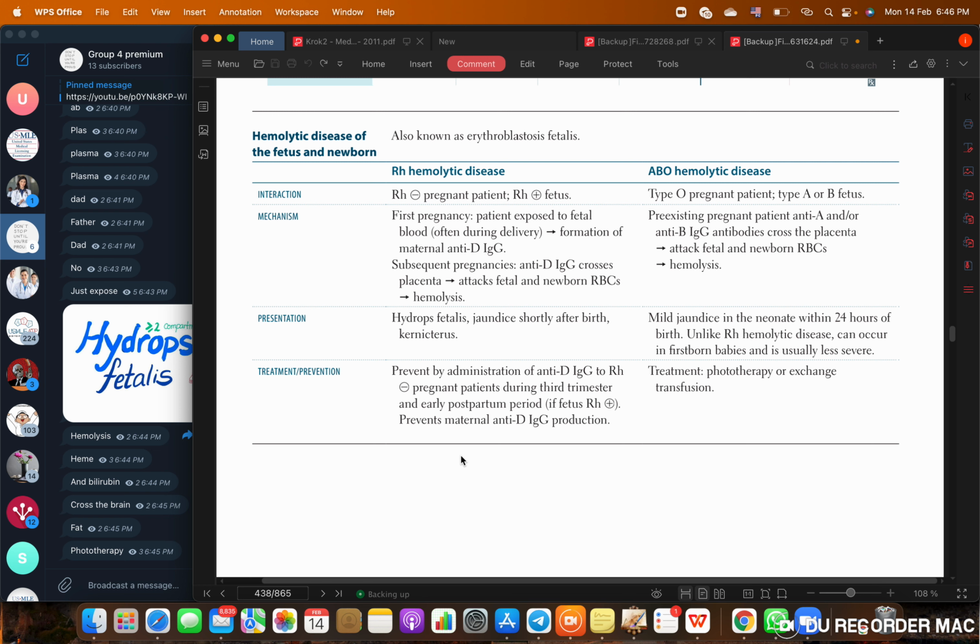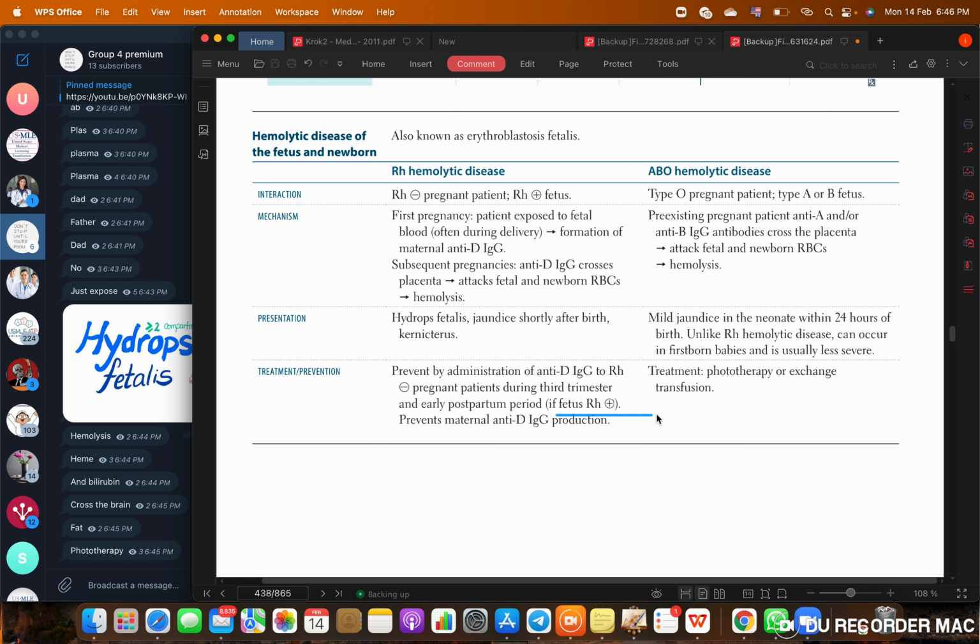So I'm going to give her something called RhoGAM. I'm going to give the anti-D IgG to an Rh negative mother during the third trimester, and in the early postpartum period if the fetus is Rh positive.